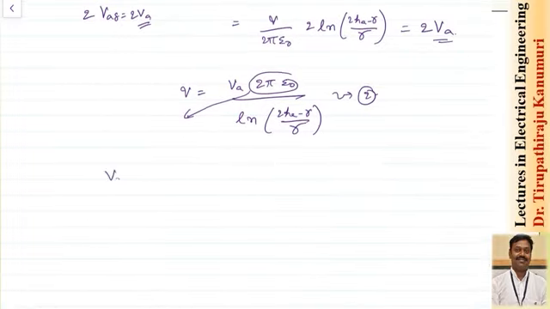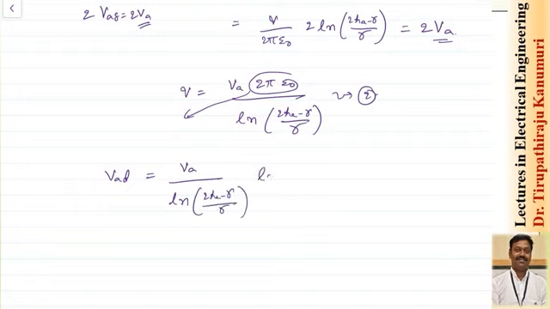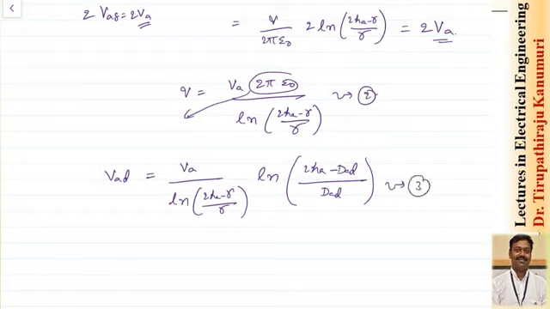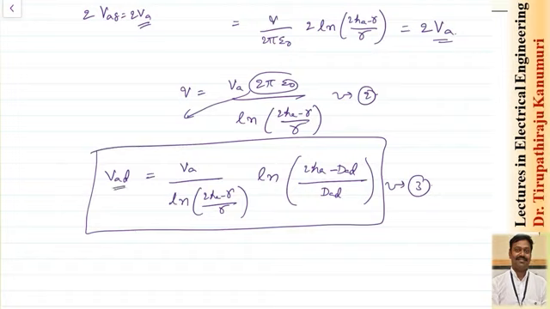So when I substitute this, you will get VAD equal to VA divided by ln of 2 times HA minus R divided by R, multiplied by ln of 2 times HA minus DAD divided by DAD. Let us take it as equation number 3. This is the potential difference between conductor A and conductor D, or the potential of conductor D due to the effect of conductor A.